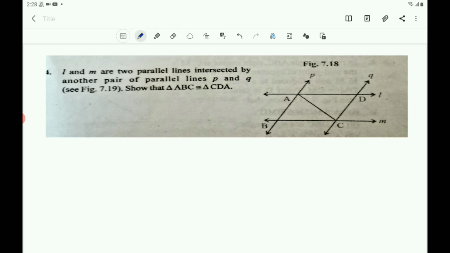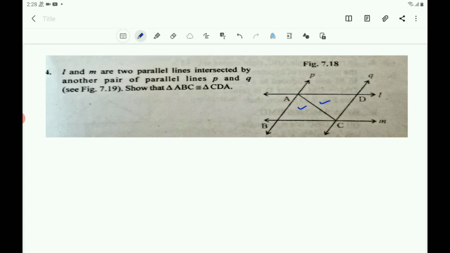Now here what you have to prove? We have to show that triangle ABC is congruent to triangle CDA. And here we have to use any one of the congruence rules, either the ASA congruence rule or the SAS congruence rule. Here if you take these two triangles, AC becomes the common side of triangle ABC and triangle ADC.